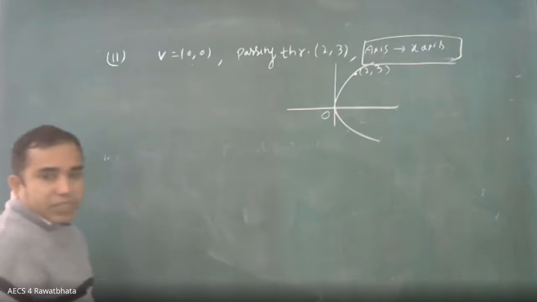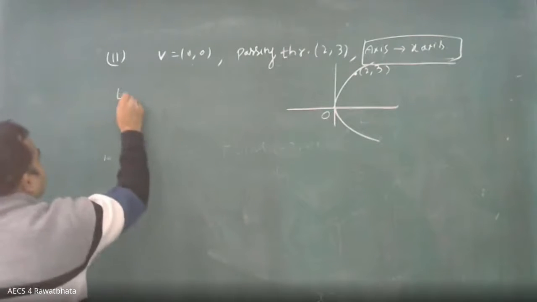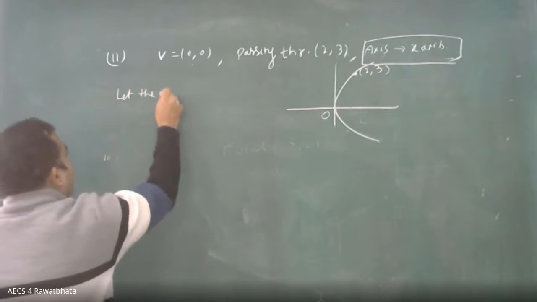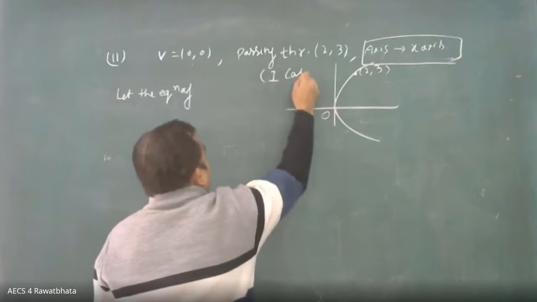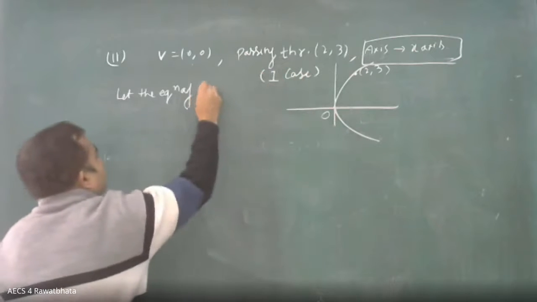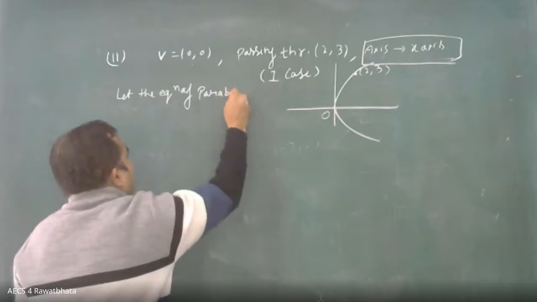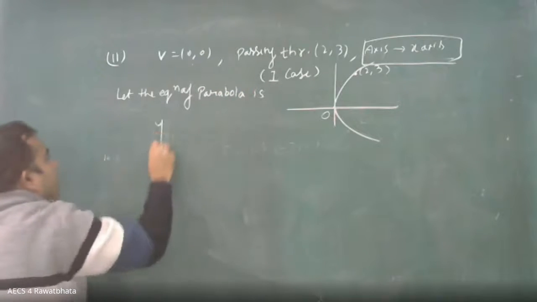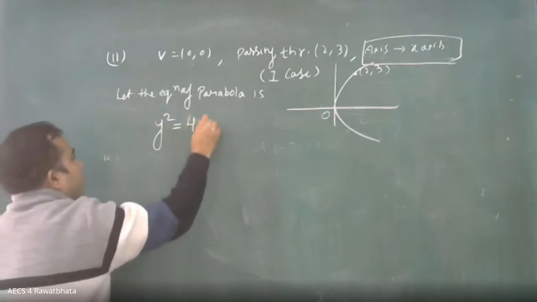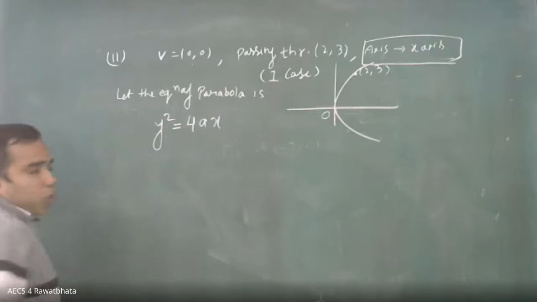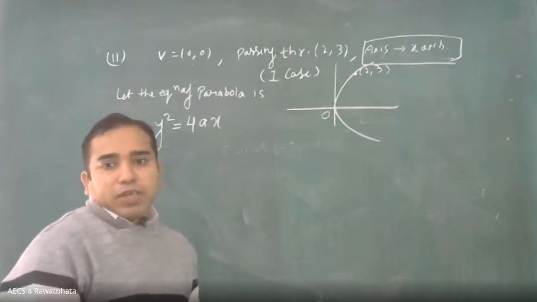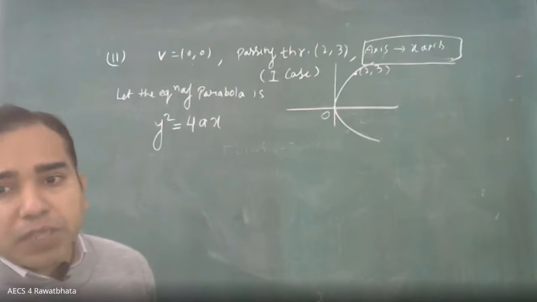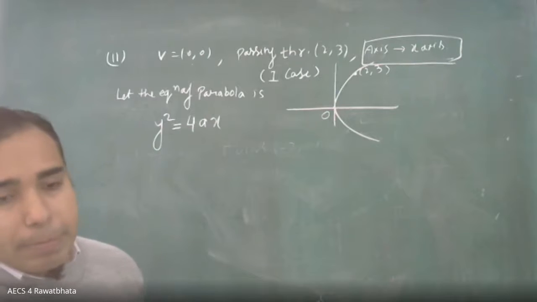Now the equation in the first case is already fixed. So let the equation of the parabola, in the first case, be y square equal to 4ax. Now how to get the value of a? Students, can someone tell me the way to get the value of a? The point 2, 3 will satisfy the equation.